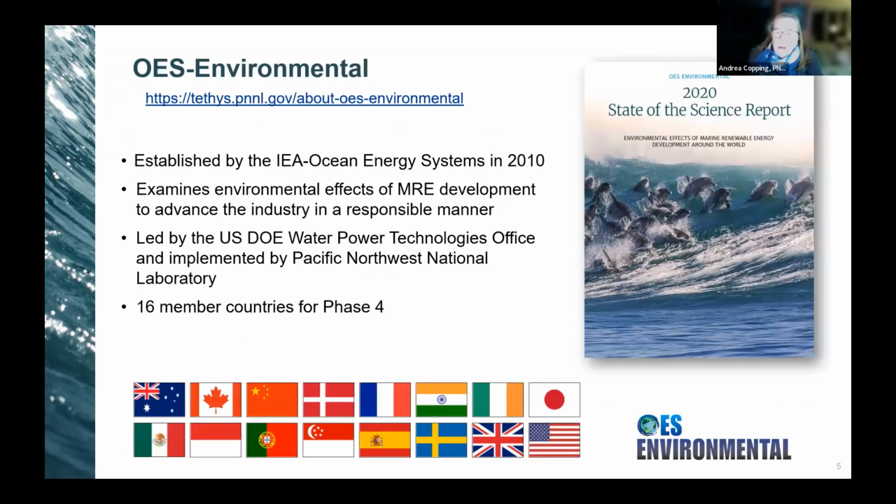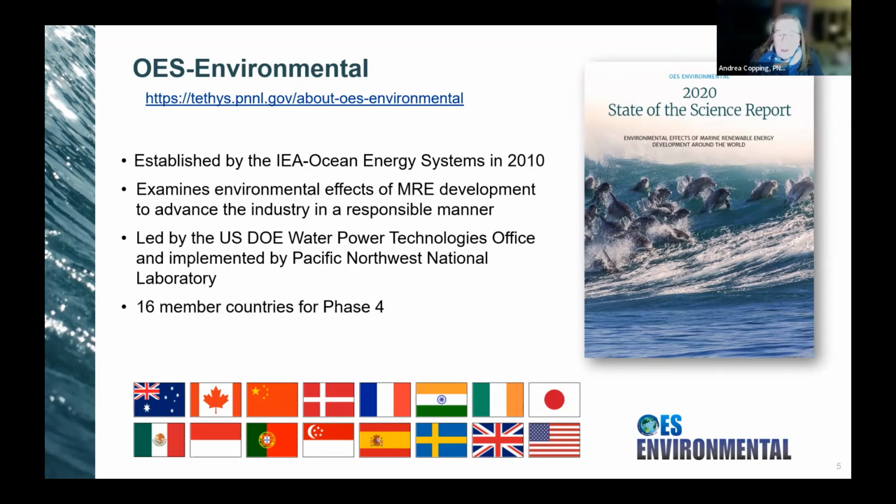Next slide, please. Okay, I mentioned we are representing OES-Environmental. This is a task under the International Energy Agency group known as Ocean Energy Systems. We were tasked starting back in 2010, and we've been running continuously since then, to look at environmental effects of marine energy in order to advance this industry in a responsible manner. Each task under OES is led by a country.